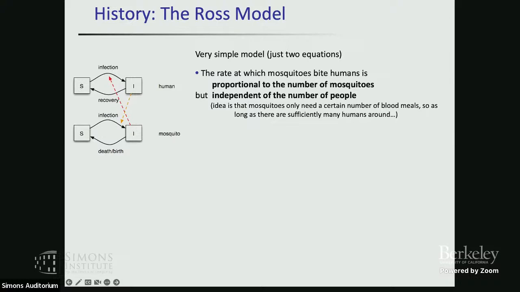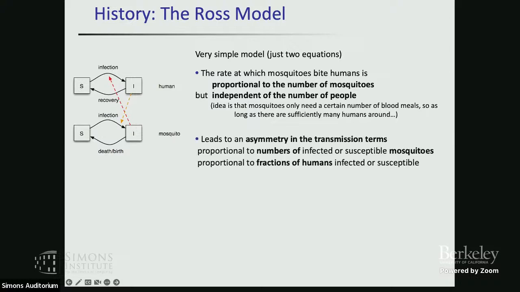The assumption is that mosquitoes need to bite because they need to get blood, and that when a mosquito tries to bite, there's always enough people around for them to find a blood meal. And so there's an asymmetry in transmission terms in these sorts of models. Transmission is proportional to the numbers of susceptible or infected mosquitoes, but proportional to the fractions of the human population that are susceptible or infected.